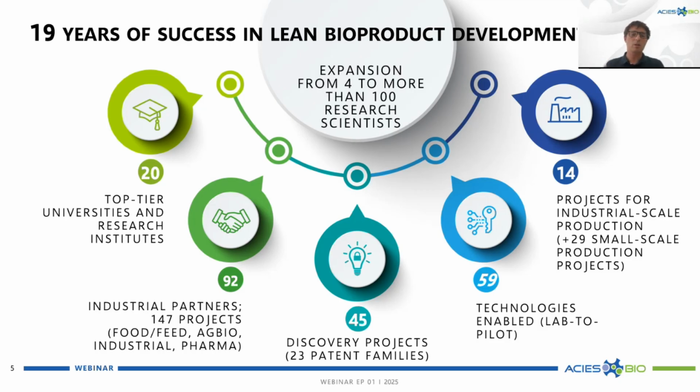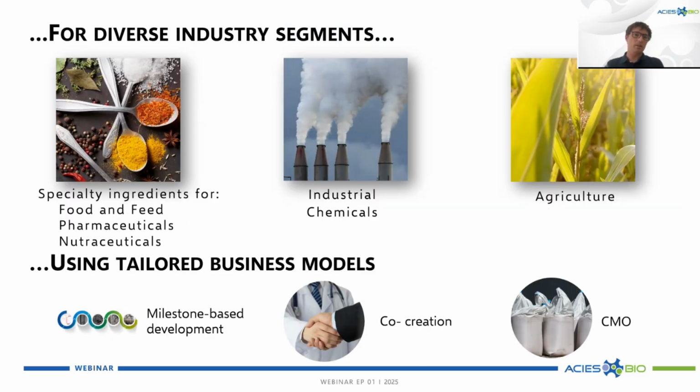Many times we enable the technology to come, that your ideas come to a pilot scale, and then in the last part, we scale that technologies to industrial scale, either for big production, but also small scale production projects for more specialized molecules. And we've done that for diverse industry segments, such as specialty ingredients for food and feed, pharmaceuticals or nutraceuticals, industrial chemicals, and agriculture.